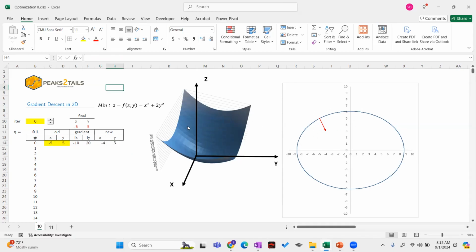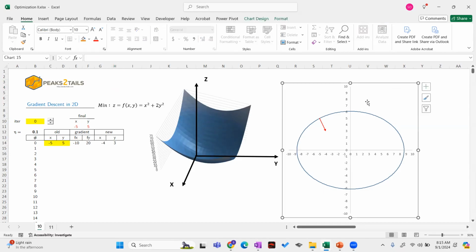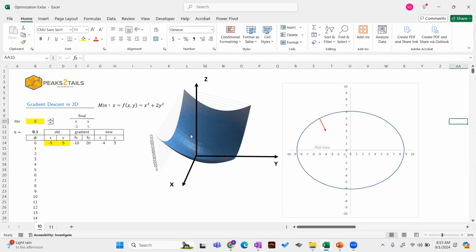Graphically speaking, I couldn't draw it on the 3D plot, but I drew it on the contour plot so you can see the action. In Python, I can probably plot it on the 3D plot. So let's say we are here somewhere, and based on this gradient vector, we will descend and come to this new point.